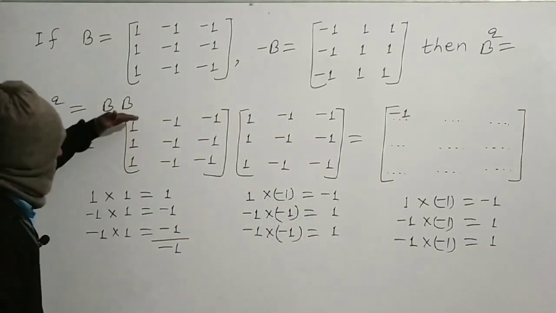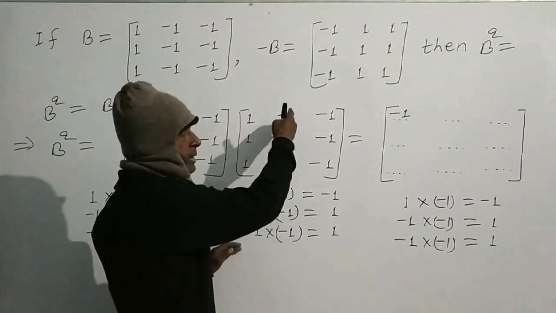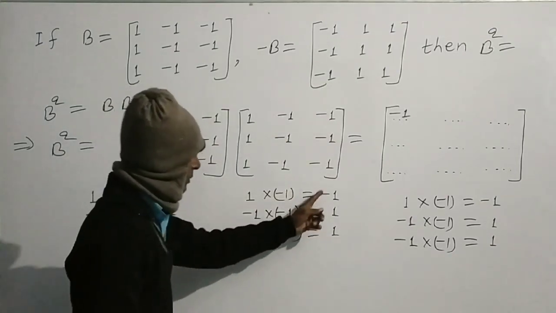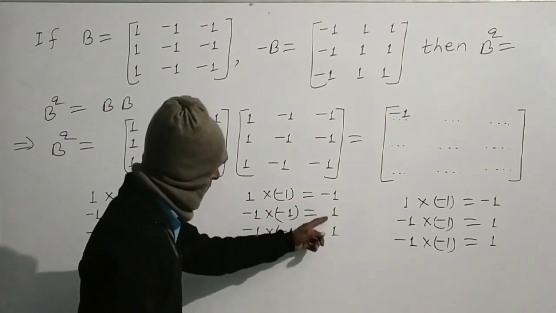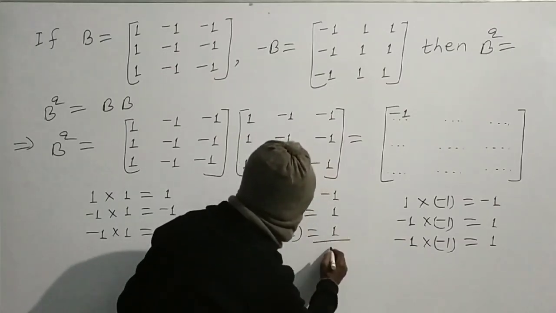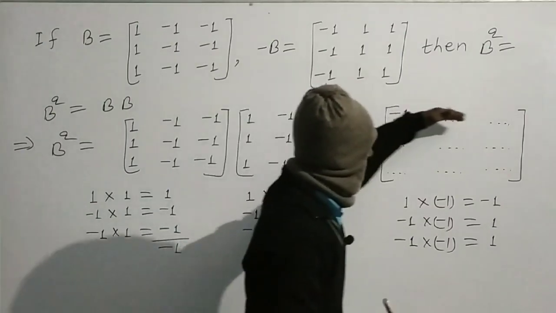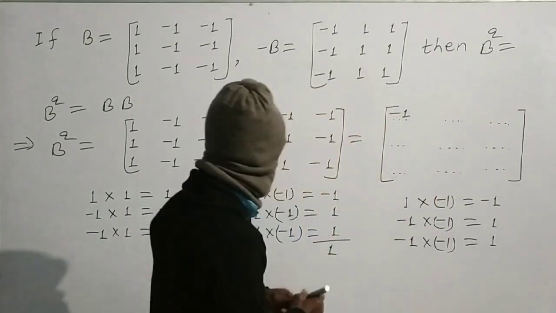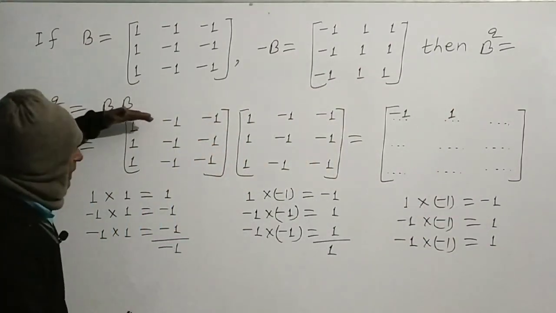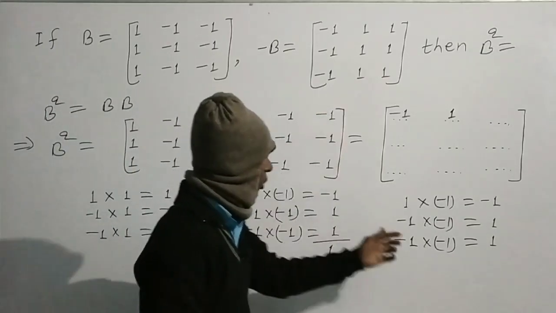Now write this first row here and multiply this with the second column of the second matrix. Then add these three products to get 1 and write in place of first row and second column. Similarly, multiply elements of the first row with elements of the third column.